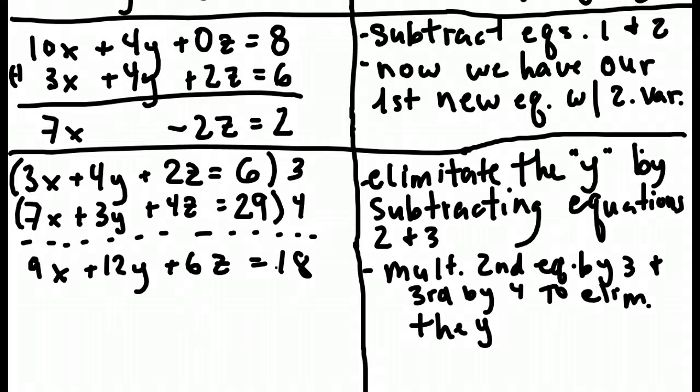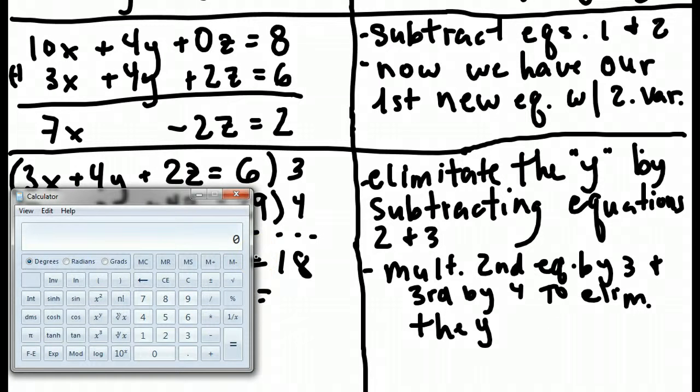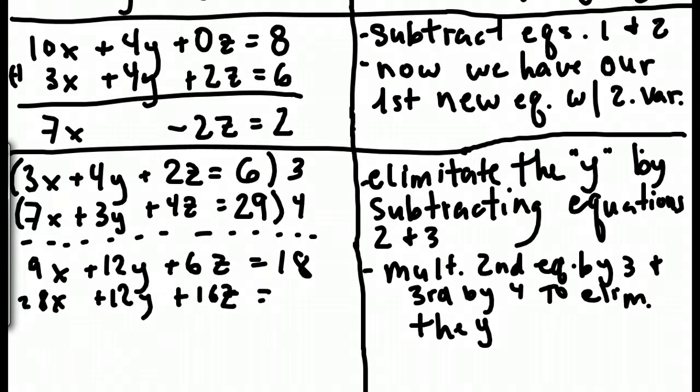How about our second equation? When we multiply that by 4, what do we get? 28x plus 12y plus 16z equals 116. Yep. Nice job. All right.